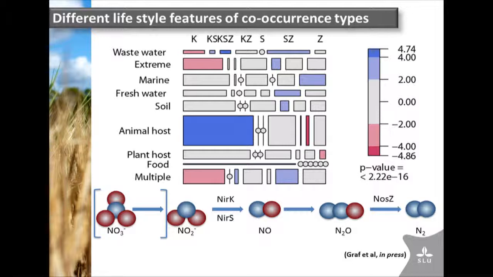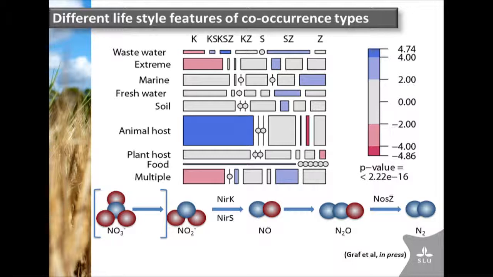And what we can see then, for example, is that denitrifiers having nirS combined with nosZ are overrepresented in wastewater treatment systems, but also in freshwater systems. Whereas those, for example, having only nosZ are overrepresented in marine systems among these isolated genomes.